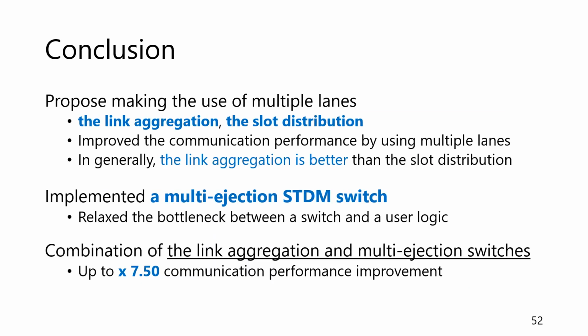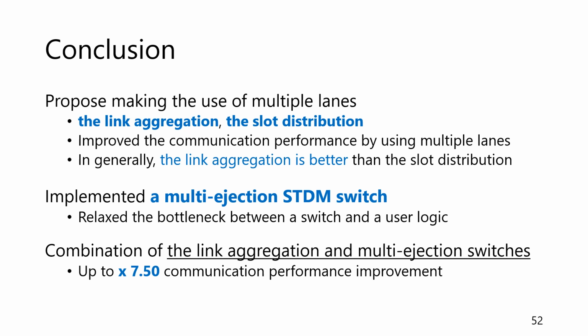In conclusion, we proposed making use of multiple lanes, the link aggregation, and the slot distribution. We could improve the communication performance by using multiple lanes. Moreover, we found that the link aggregation is better than the slot distribution in most cases.